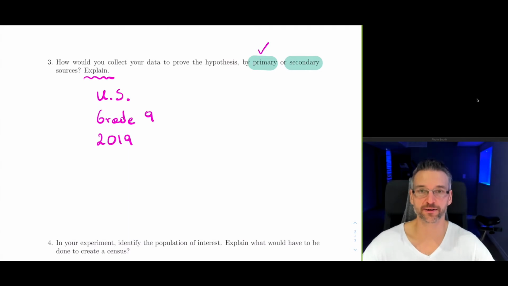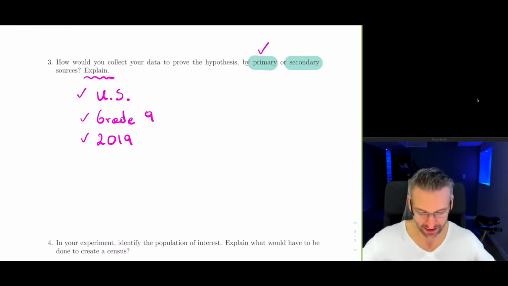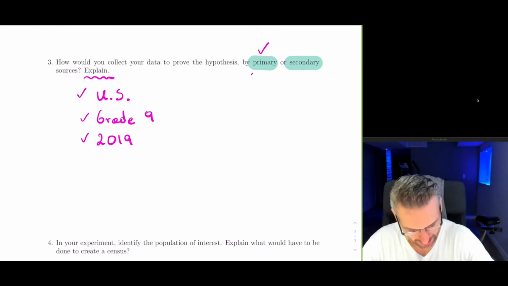It can be any year. So in 2019, these would be the information that I would need. So I'm going to choose primary data, which basically means that my team will collect the data.